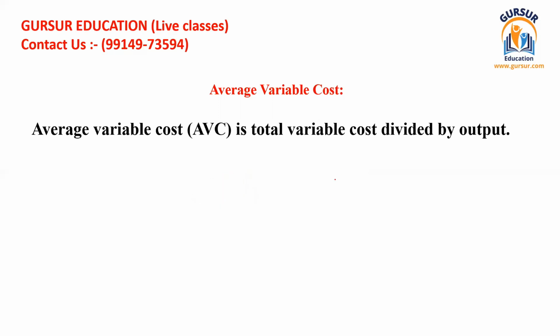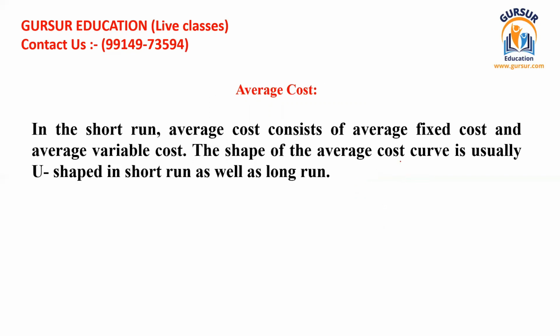I hope you have understood these two, because on the basis of these two, you shall be able to find the average cost. So what is average cost? This is just the total of average fixed cost and average variable cost. When you sum these two, you get the average cost.